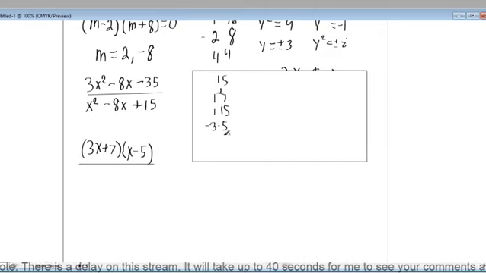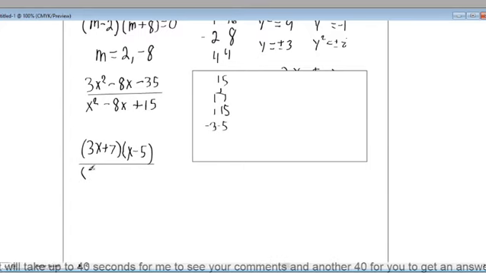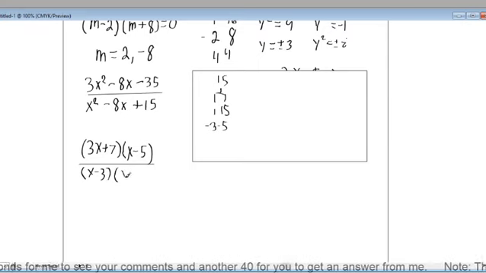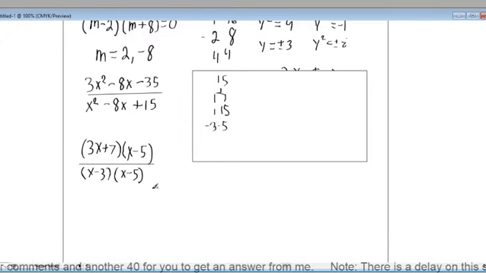And since we have a leading coefficient of positive 1, we don't need to use the box method. We can just use these for our factors. So, factored form, x minus 3 and x minus 5.